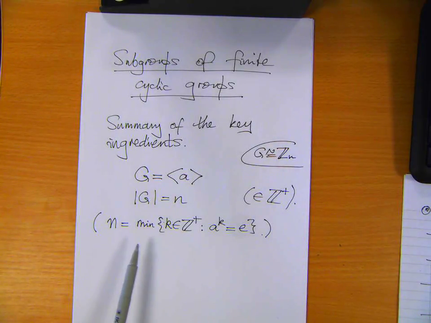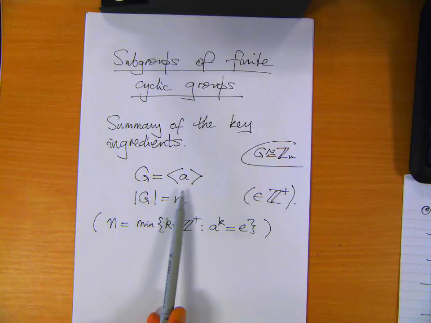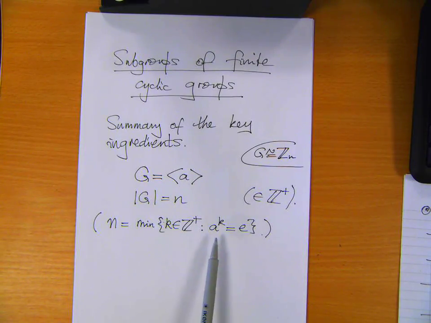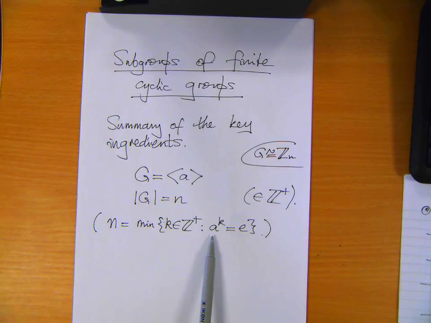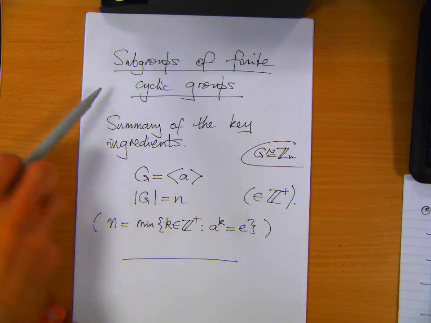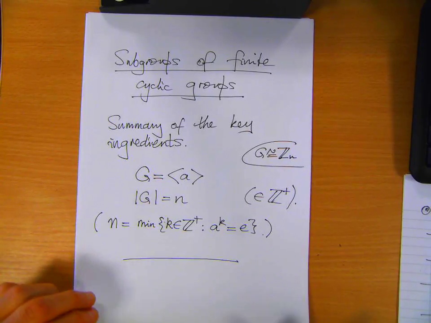That came out of the proof last week, that if you've got a finite cyclic group of order n generated by a, then n is the first positive power such that a to the n is the identity. And we've seen that in lots of examples as well. So I'm now going to state a sequence of results which lead up to the classification of subgroups of finite cyclic groups.